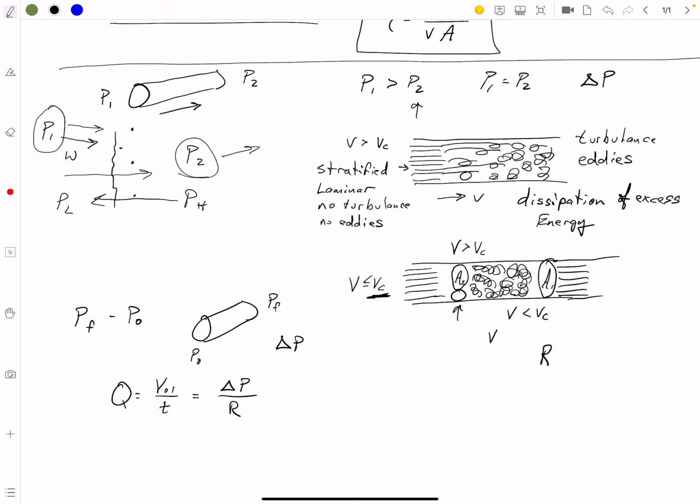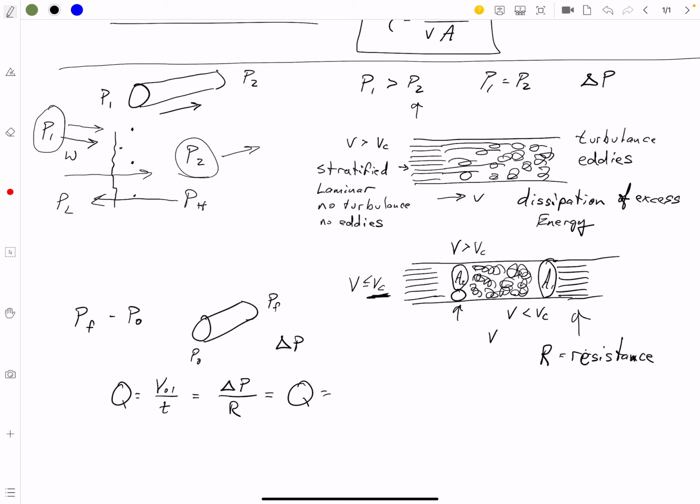Resistance, okay? And resistance doesn't allow us to go any further or faster, right? We have this resistance. So delta P over R is our resistance to flow, and that gives us a nice equation.